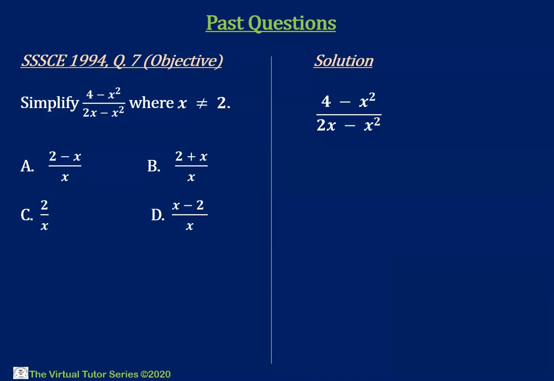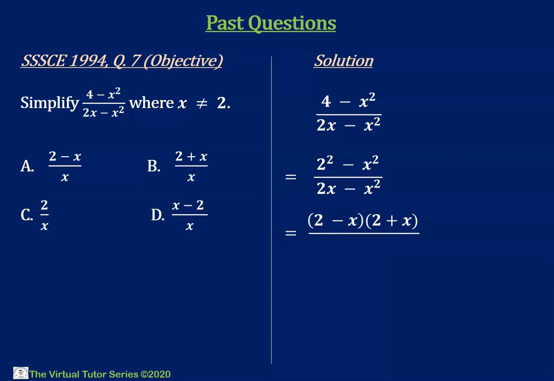The square root of 4 is 2. Therefore, 4 can be expressed as 2². So we can rewrite the expression as (2² - x²)/(2x - x²). 2² - x² is a difference of two squares and can be factorized as (2 - x)(2 + x).